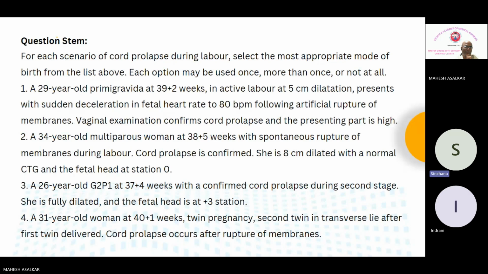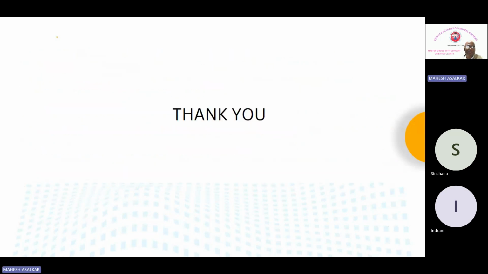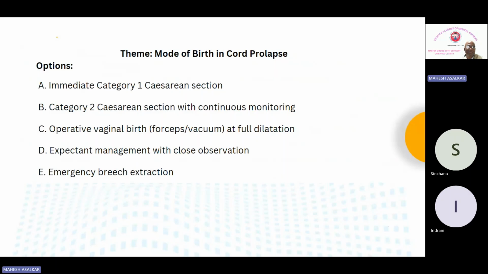Expectant management, but operative vaginal delivery, sir. Do you expect this patient will deliver in 20 minutes? She is multiparous and can deliver, 8 centimeters dilated. Let's see what the option is. The answer is not given, but I think this should be category 2 cesarean section because the FHR is normal.